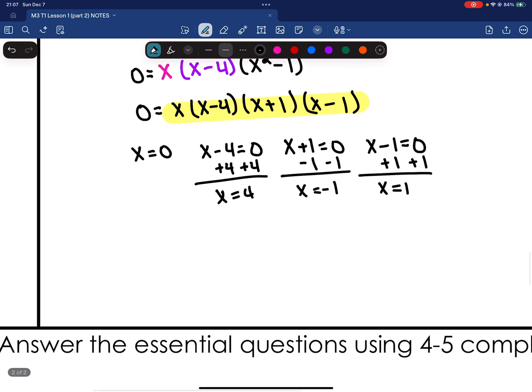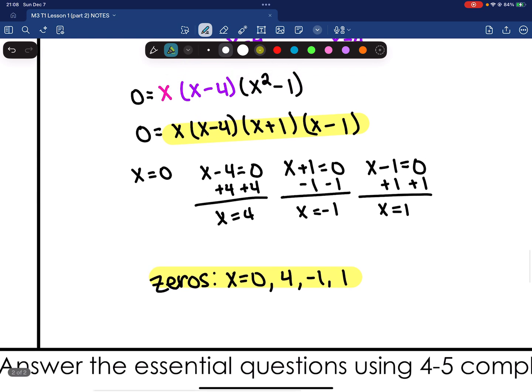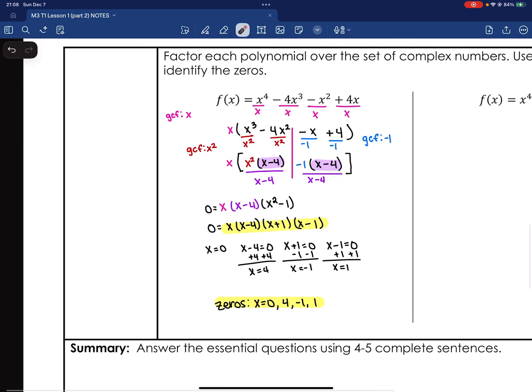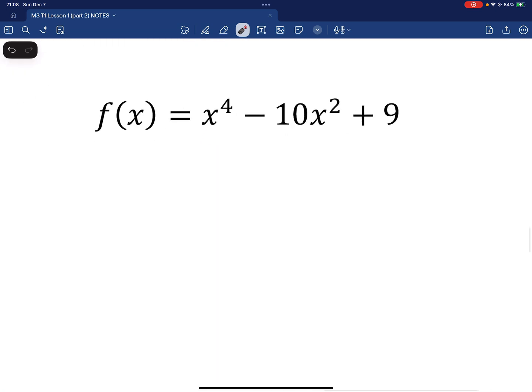So our zeros are x equals 0, 4, negative 1, and 1. That is where our graph is crossing the x-axis, and we have 4 zeros. Hopefully that's what you were expecting because we started with a degree 4 polynomial, which means we can have at most 4 zeros.